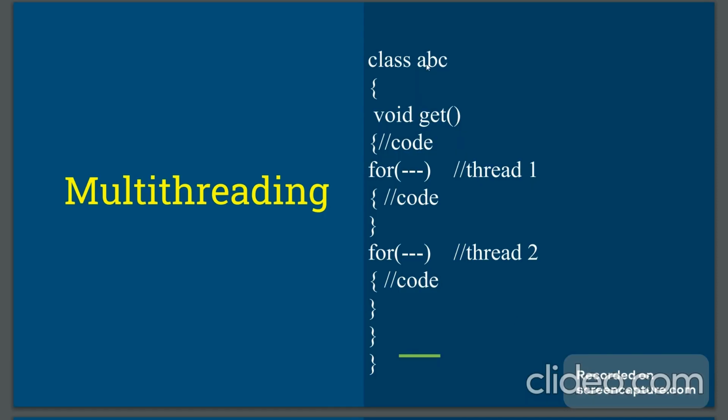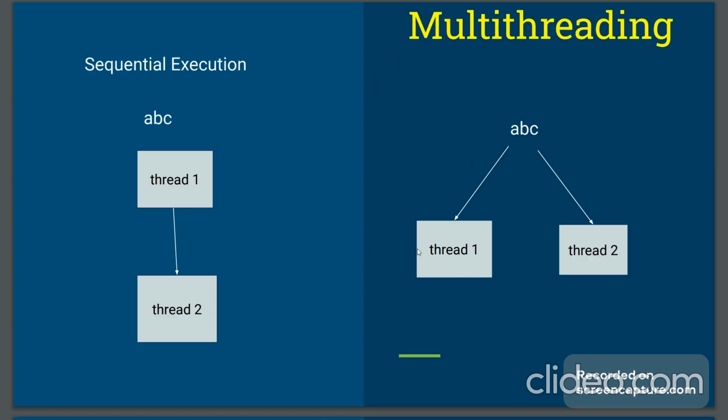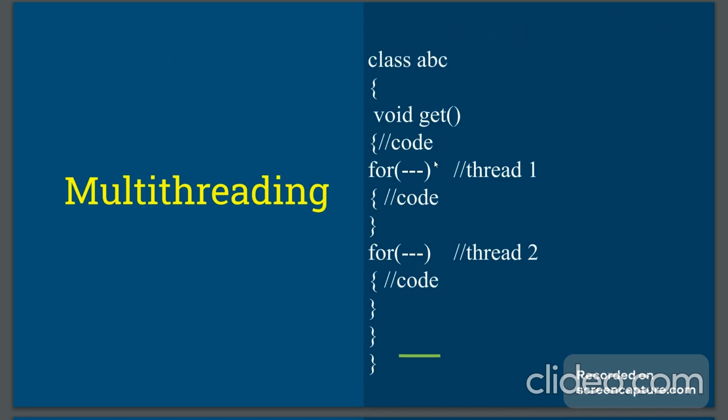For example, over here in one class ABC, I have a get function. Here I have two for blocks, and these two for blocks are running at the same time. Then it becomes an example of multi-threading. Generally, if we have sequential execution of our program, in this class ABC, suppose this is one block, thread 1, and this is the second block, thread 2.